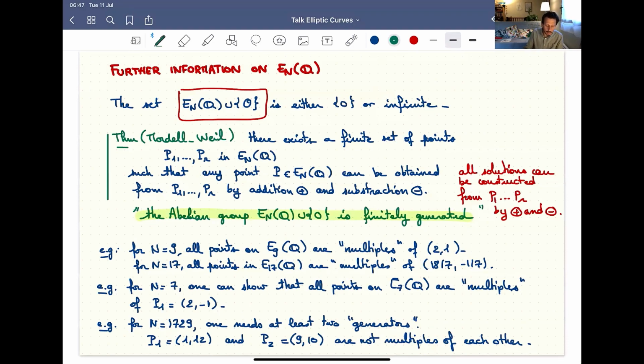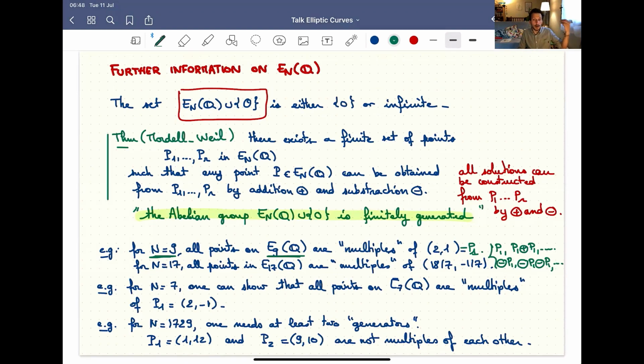Okay, so in examples, it's pretty clear what this theorem means. So for n equals 9, it's difficult to show, but you can do it, that all points, all solutions to the equation E9(Q), they are multiples of this original solution P1. So it means that all the solutions are P1, P1 plus P1, P1 plus P1 plus P1, and then there is minus P1, minus P1, minus P1, etc. Okay?